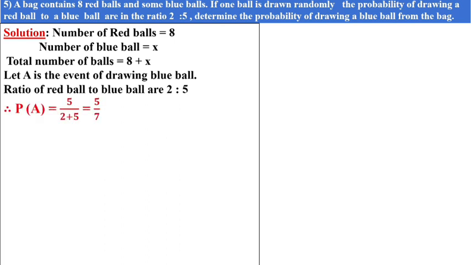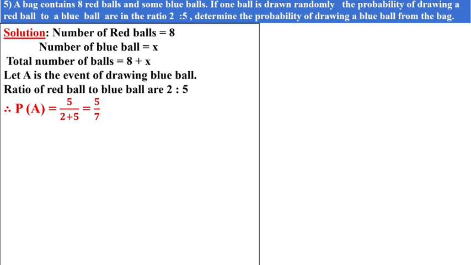So probability of A will be, we'll take number of A upon total number of S. Number of A is, ratio is 5, and the denominator will be what? The ratio we will add. 2 plus 5 is how much? 7. So probability of A is 5 upon 7.